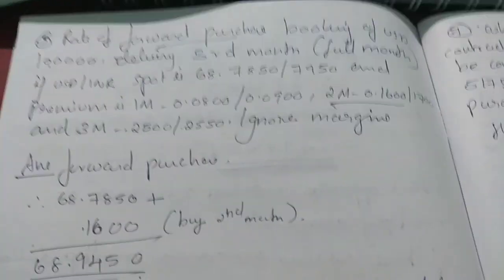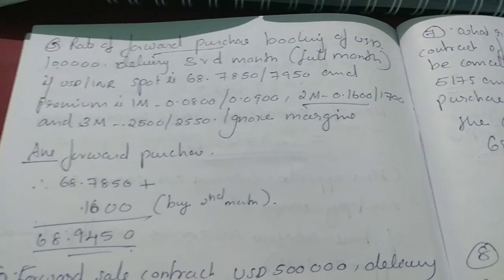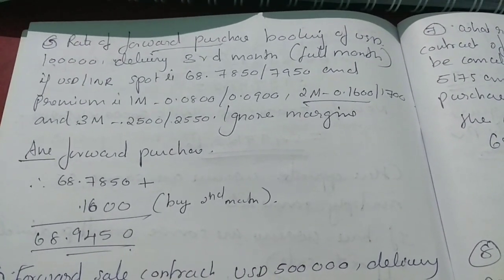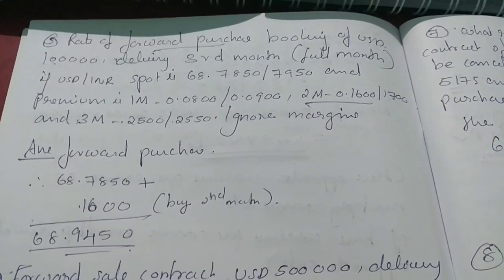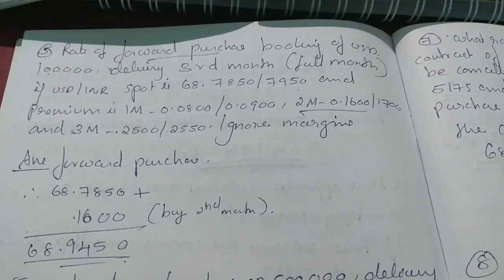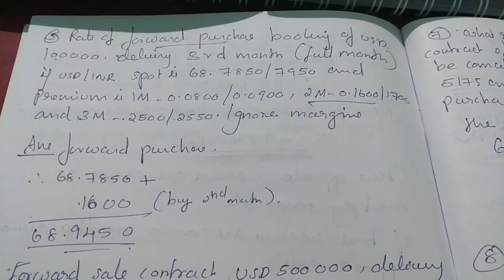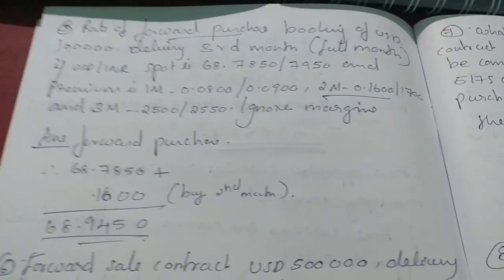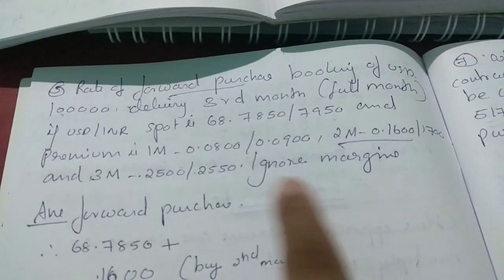Rate for forward purchase booking of USD 1 lakh delivering third month, full month, if USD INR spot is 68.7850/7950 and premium is 1 month 0.0800/0900, 2 months 0.16/17, 3 months 0.25/0.2550. Ignore margins. Here also we don't need to add margin. We just add premium to spot rate.